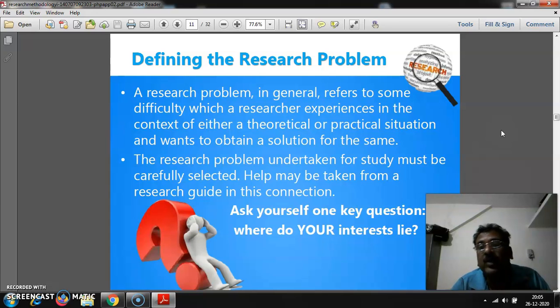So while you are defining the research problem, you should know something about that particular area. Otherwise, you cannot come to the correct solution. You cannot give suggestions or findings to whomever you are concerned with. So this is about the research problem.